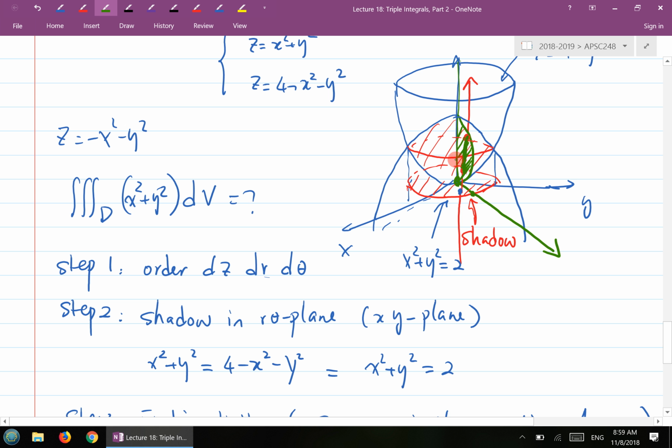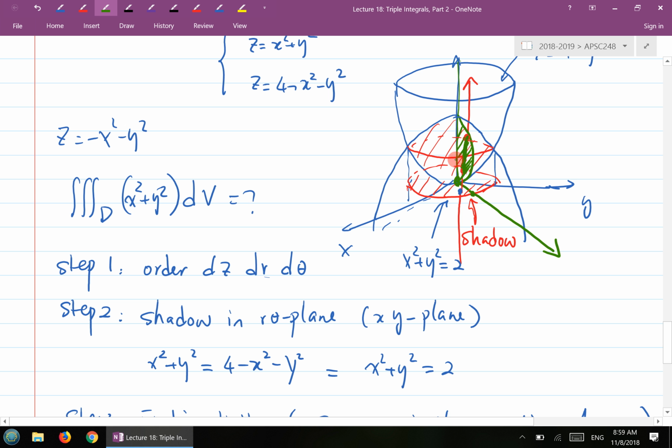Look at the volume. Doesn't the r max change with the surface? Does the r max change, because this r max is for the largest shadow, right?